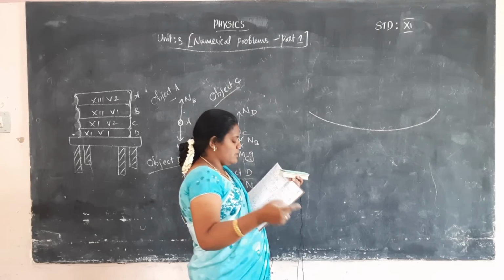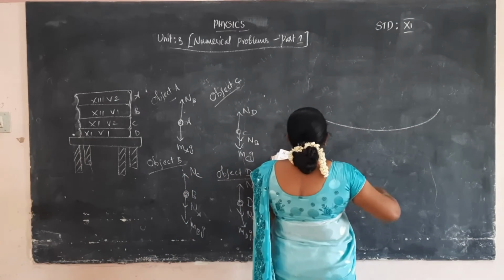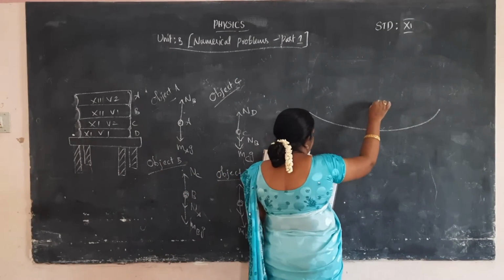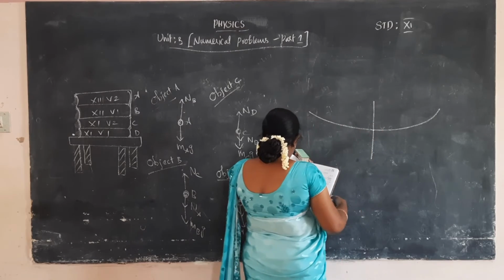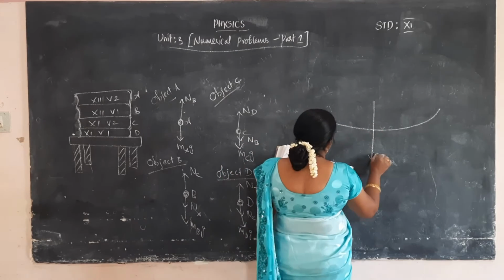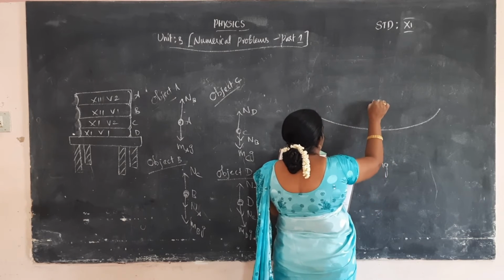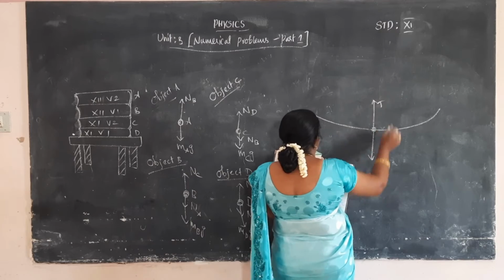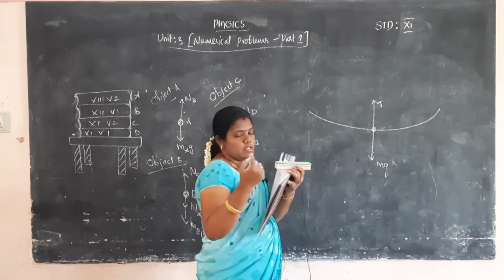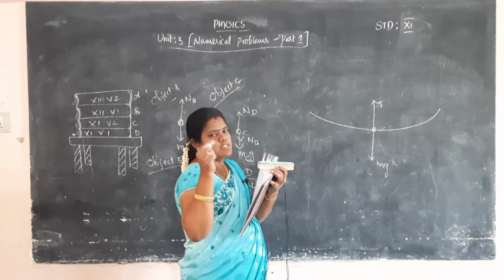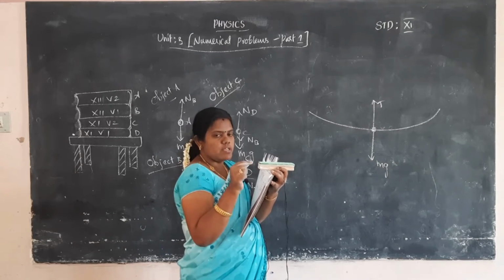Oscillation is created this way. Sometimes the string is at rest. In that position, the downward gravitational force acts, and the bob gives an upward tension on the string, because the bob is hanging on the string. So tension is created on the string by the object.